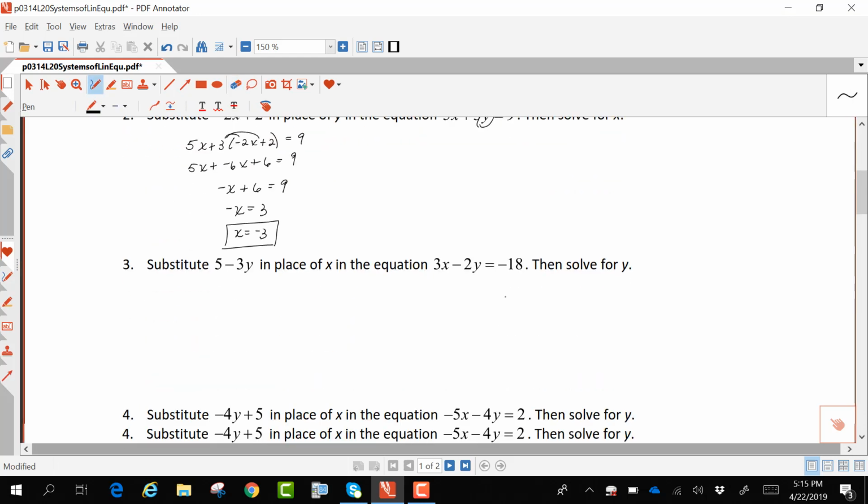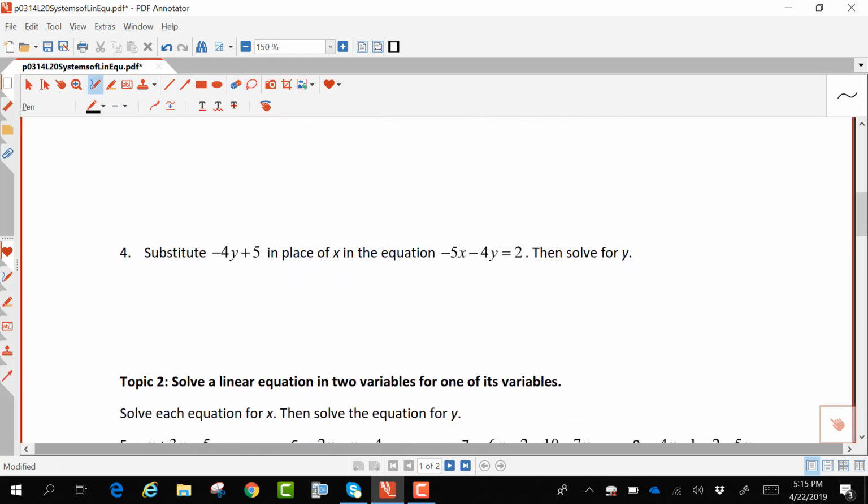Let's move down to number 4, which is very similar. This one states to substitute negative 4y plus 5 in for the x variable in the given equation. Therefore, I will have a negative 5 times the new value of a negative 4y plus 5 minus 4y equaling 2.